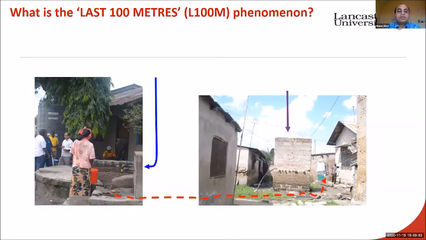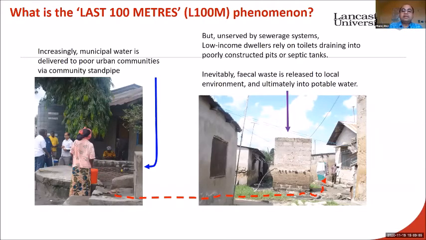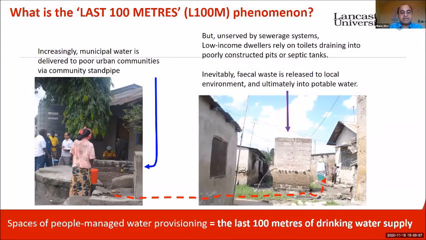So this is what we are saying: these spaces where people manage water provisioning are actually the last 100 meters of drinking water supply. Why are we saying this? Because nobody takes responsibility for the integrity from the water point to the home. Nobody is mixing water provisioning with sanitation.